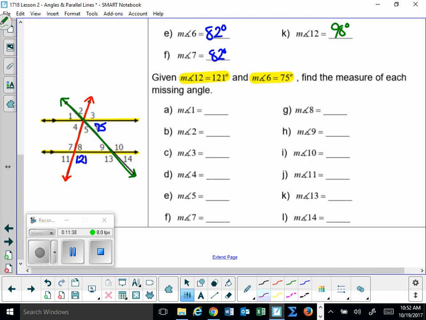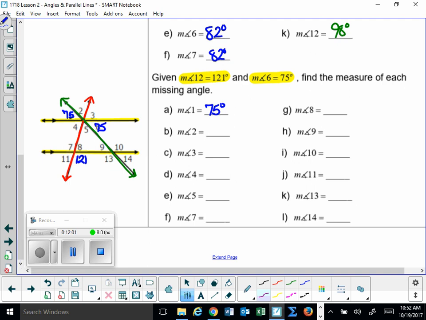Okay, and now I need to start having some fun. Let's start with angle 6 and see what that helps me figure out right away. Well, angle 6 and angle 1 are both vertical, so angle 1 will be 75 degrees.